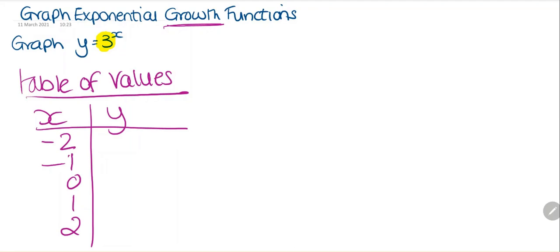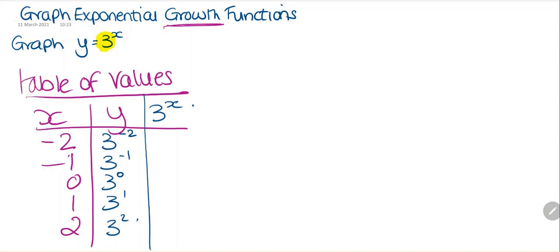So just to understand, we want 3 to the power of x. So this is going to be -2, so this is 3 to the -2, 3 to the -1, 3 to the 0, 3 to the 1, and 3 to the power of 2. And we need to calculate those.